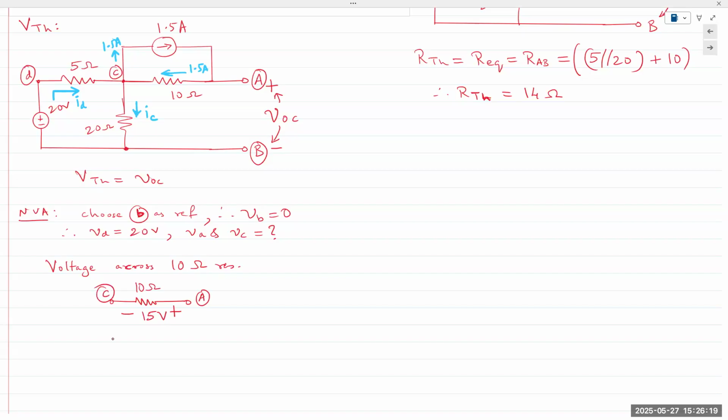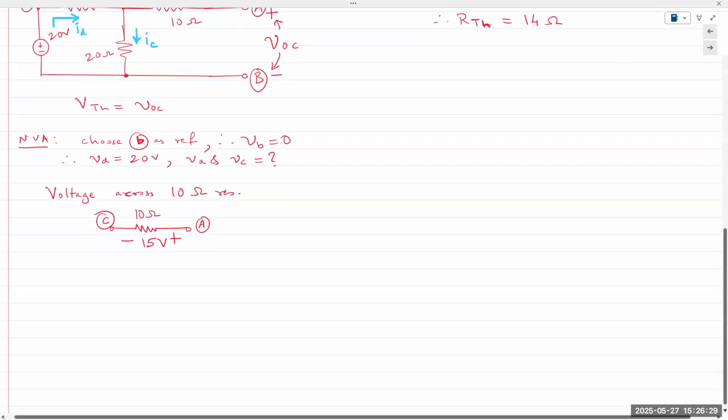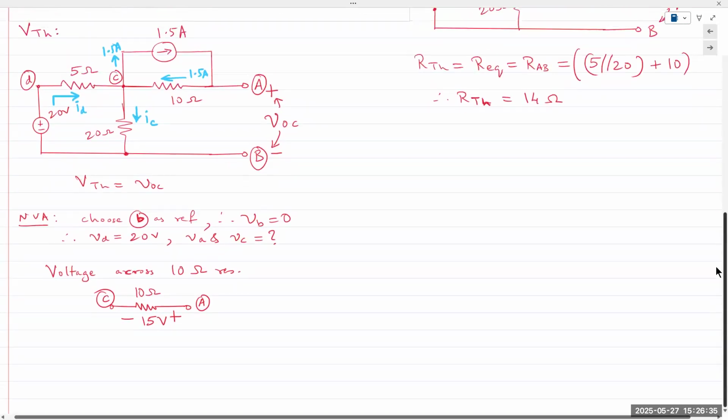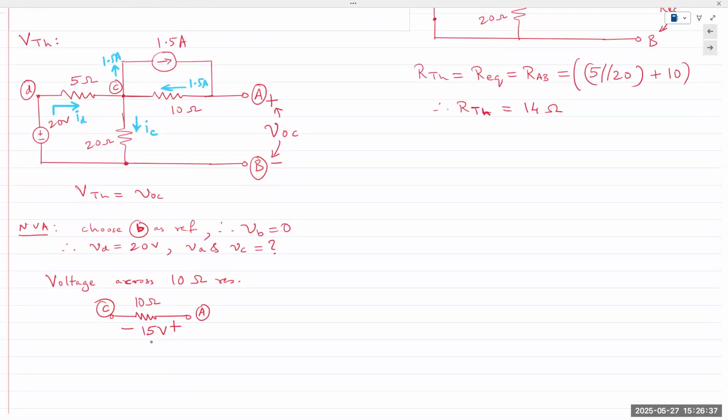But now VAB, node voltage VA would be VAC plus VCB. So let's write an equation. Since we are doing this using node voltage analysis, let's write KCL expression at node C. And I would get ID.